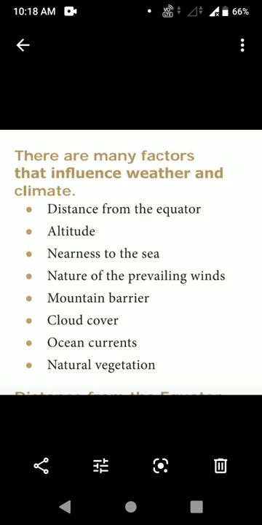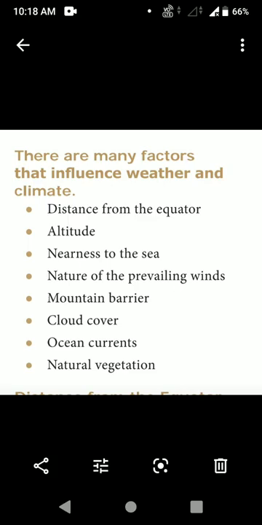Okay, so under this, we all know weather changes very often. Even from 1 hour to the next hour it will change. Sometimes in the morning it will be sunny, and that same day in the afternoon it will be rainy.